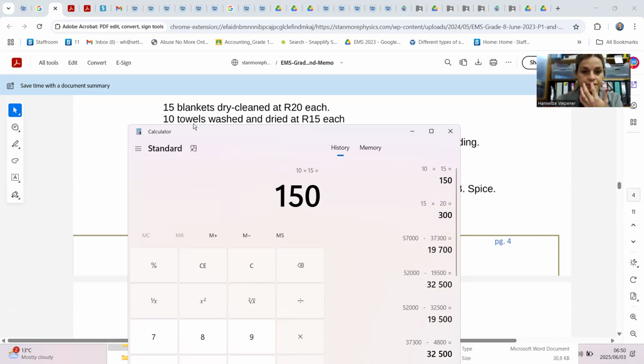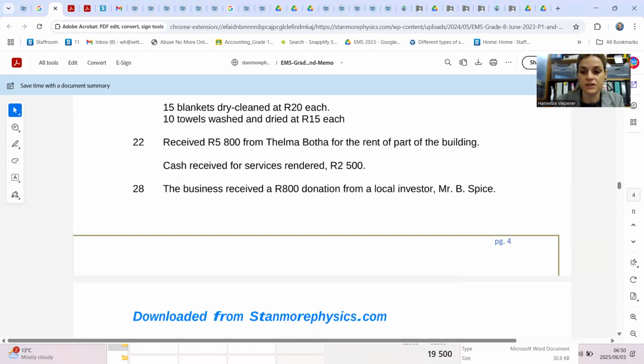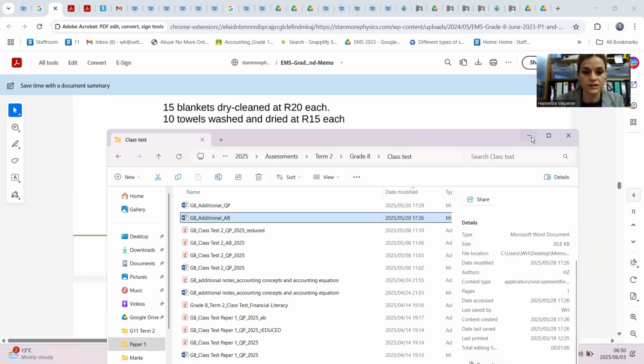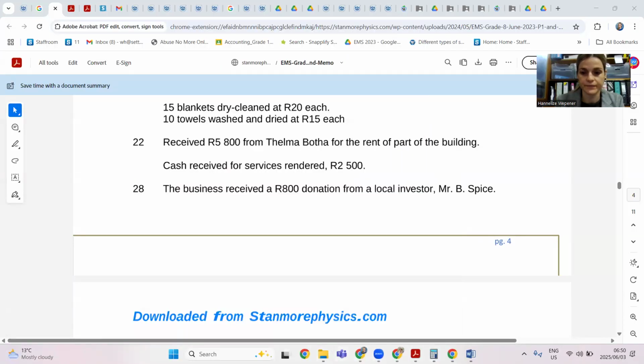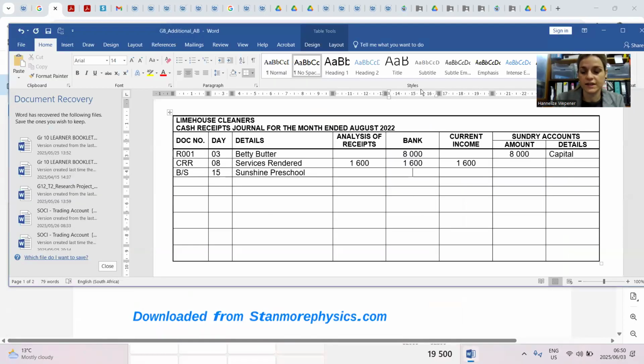So 10 times 15, 150 for the towels and 300 for the blankets. So in total, we received on this day 450 Rand.